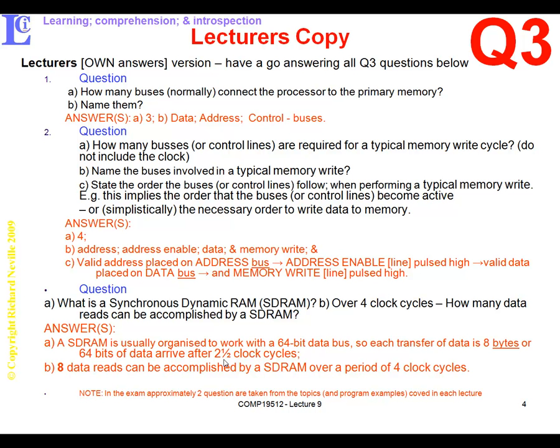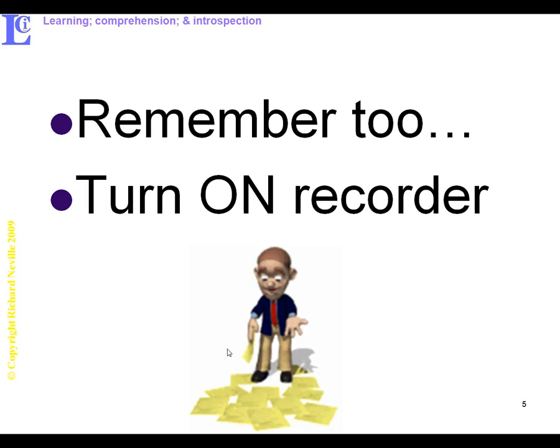Then after 4 clock cycles, we can read in every half clock cycle, so that means 8 data reads can be accomplished by an SDRAM over 4 clock cycles. Remember, you're reading 1 every half clock cycle. So if you're not sure about that, think about rereading the previous lecture.